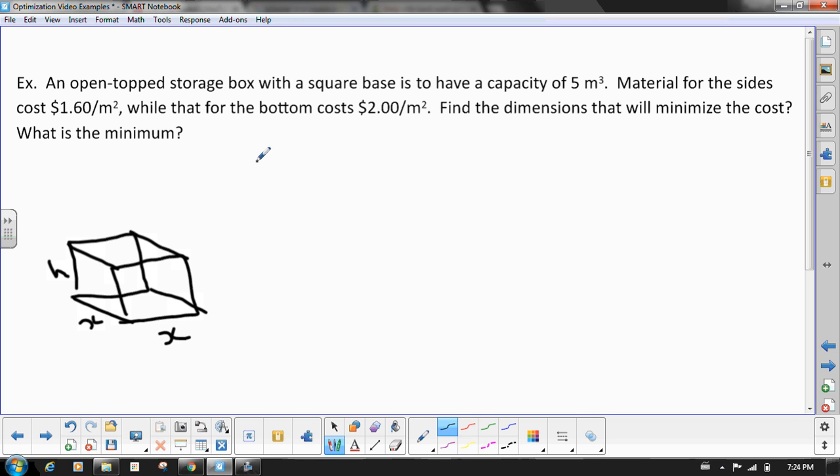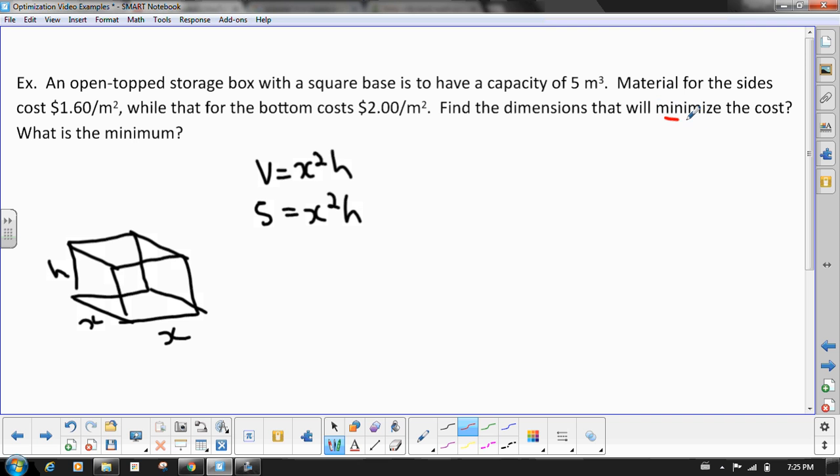So I know that volume is x squared h, and in this example the volume is 5, because that's the number that's given to me. Material for the sides costs $1.60 per meter squared, while that for the bottom costs $2 per meter squared. Find the dimensions that will minimize the cost.